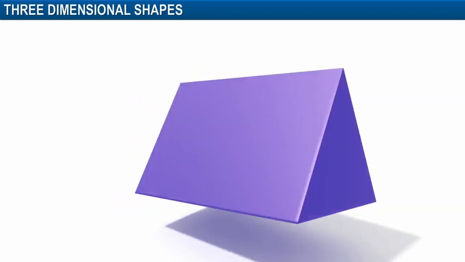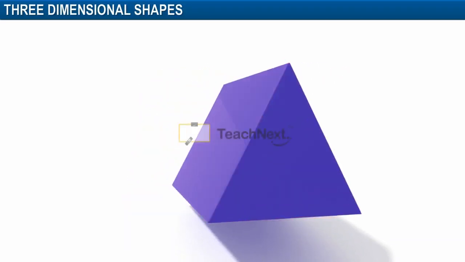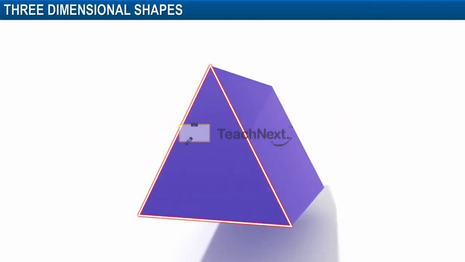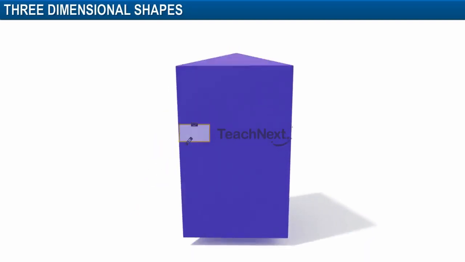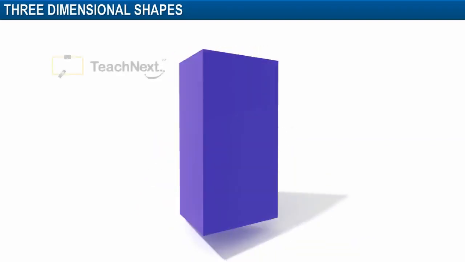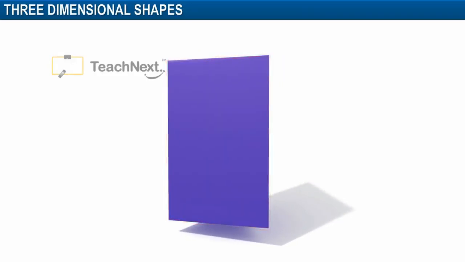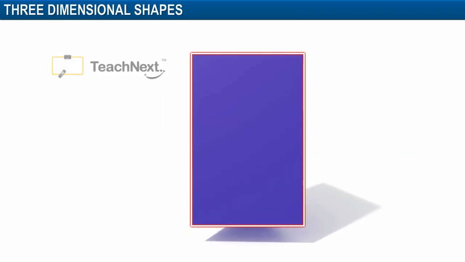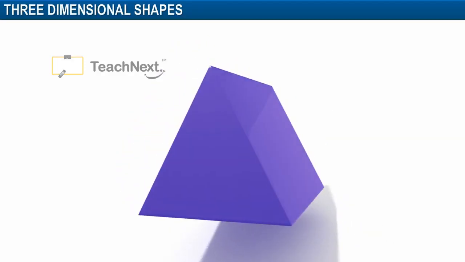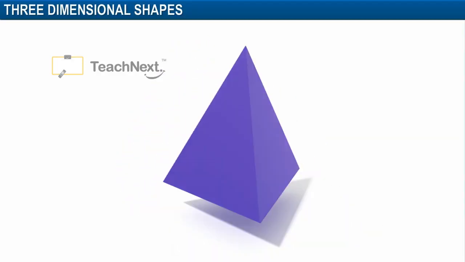In general, a prism will have two bases. Here, for this prism, the bases are triangles. The other faces are rectangular in shape. On the other hand, a pyramid has only one base.